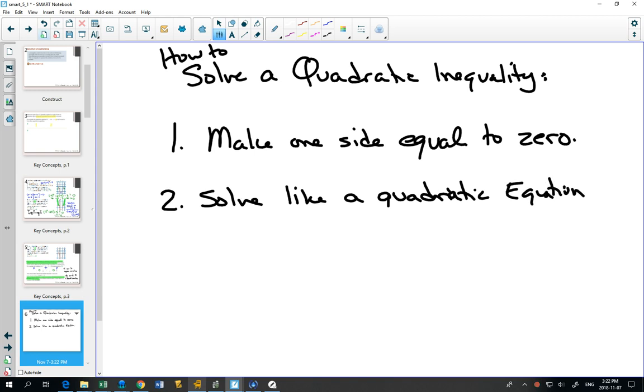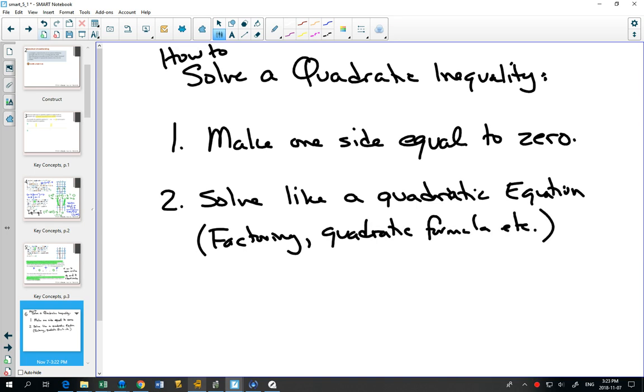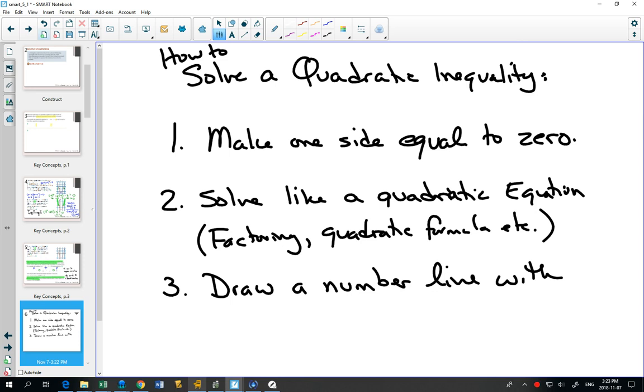Wow, I can't spell today. Which means factoring or quadratic formula or completing the square, etc. Draw a number line with those critical points.